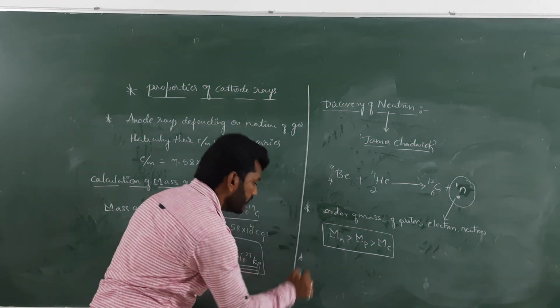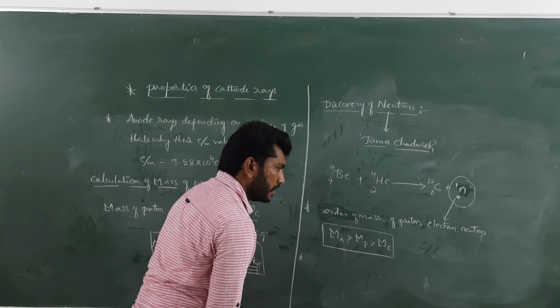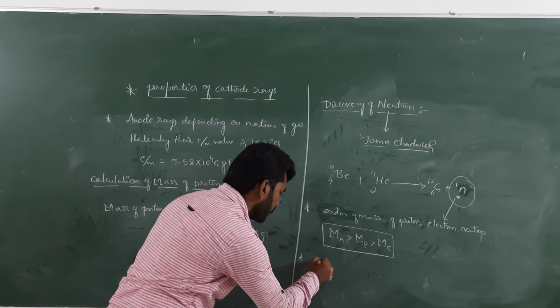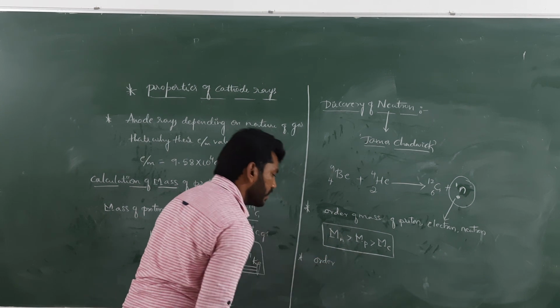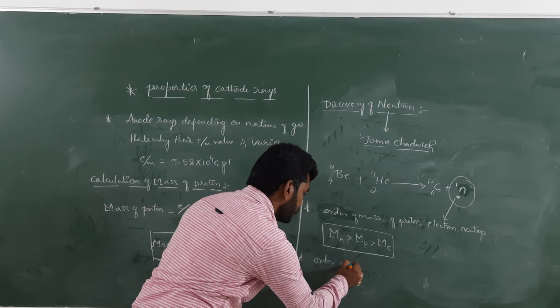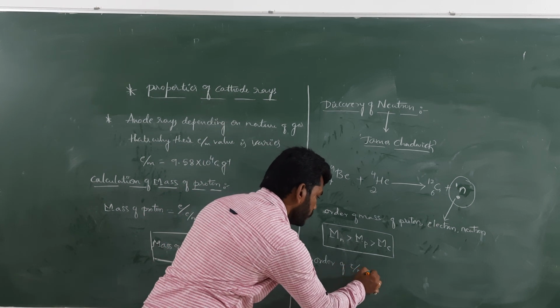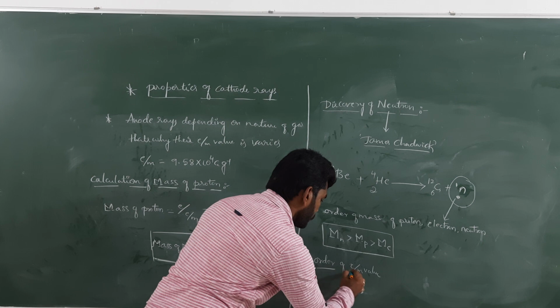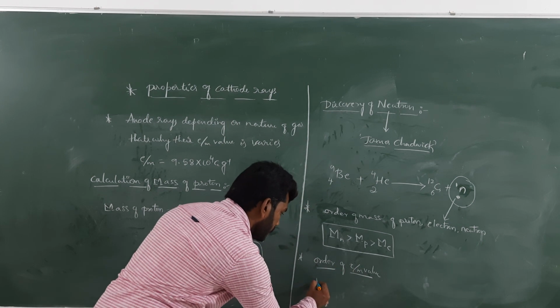And the second one, suppose you want to see the order of their E/m values, the order of the ratios of E/m value. This will be in the opposite order.